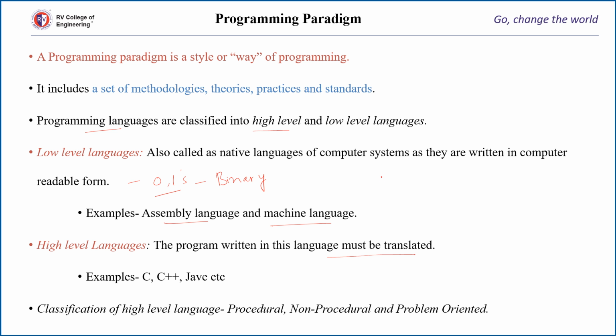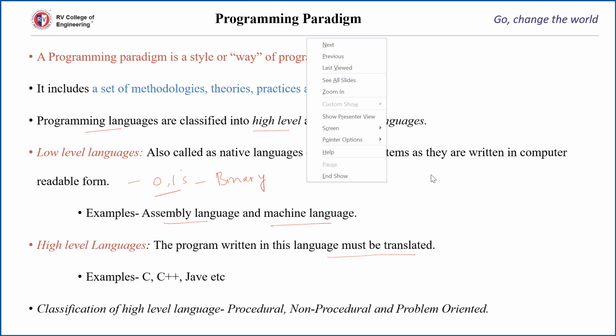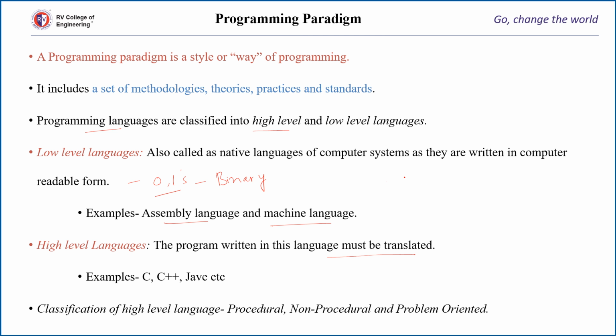Obviously, when a person knows his local language, for example, if a person knows Hindi, and he is talking to someone who does not know Hindi but knows French, there must be some translator in between who translates whatever this person says into the other language. The same thing happens with the computer system too. Since the computer does not understand any of the high level languages, the programs written in these languages are translated.